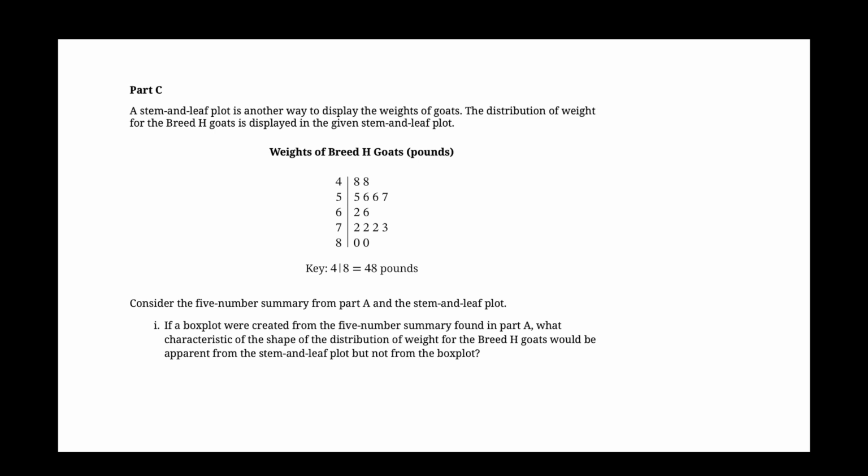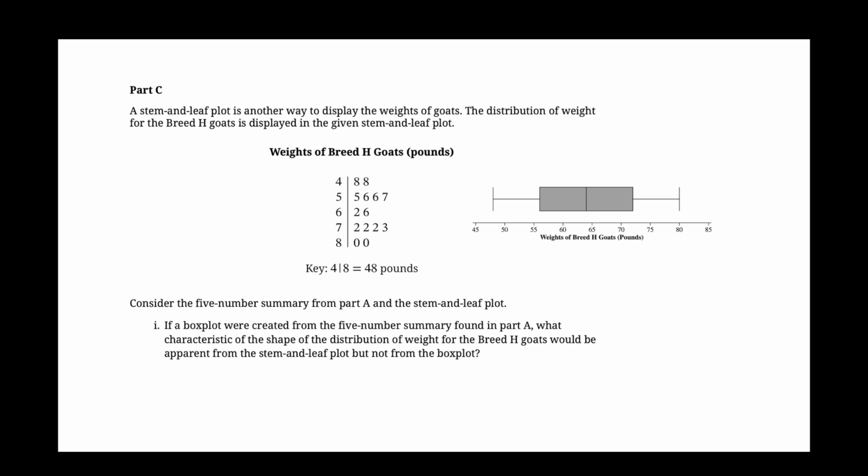If a box plot were created from the 5-number summary found in part A, what characteristic of the shape of the distribution of weight for the breed H goats would be apparent from the stem leaf plot but not from the box plot? So just to compare, I created a box plot using the 5-number summary for breed H goats.